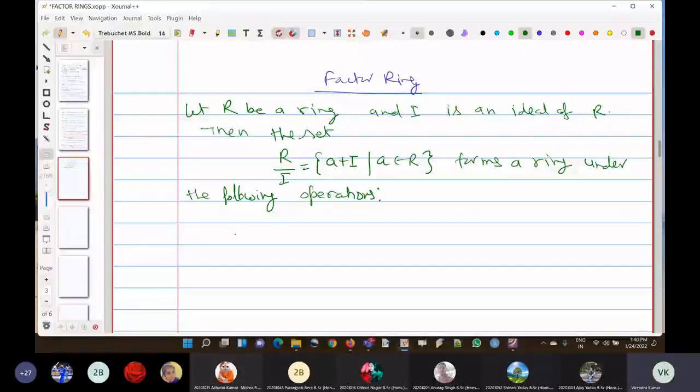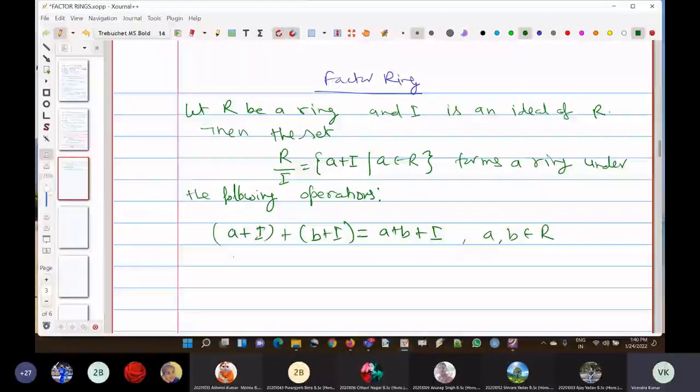If you take a plus I and b plus I, then it should be equal to a plus b plus I, where a and b are members of R. This is the addition.